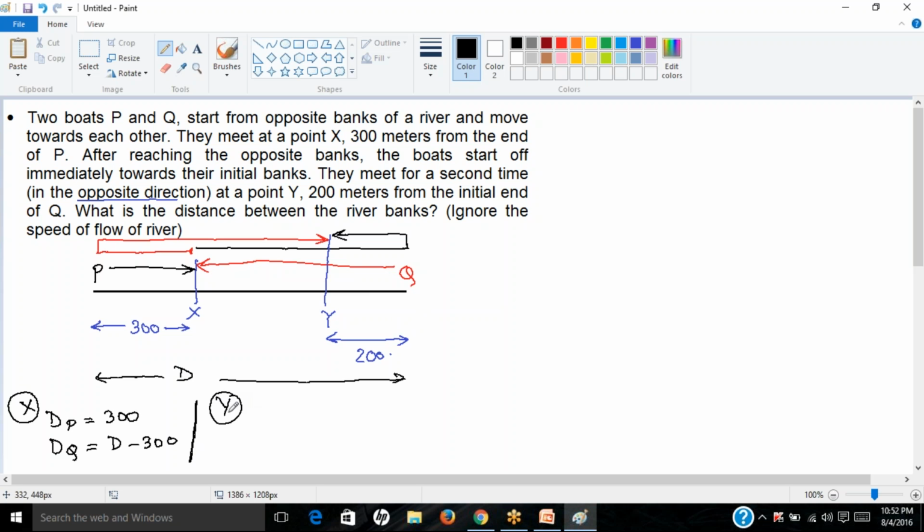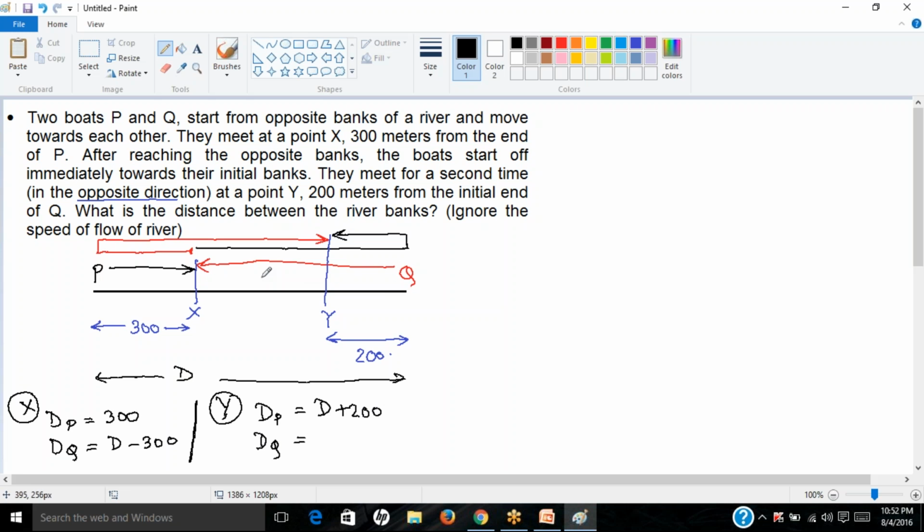For Y, I am now saying, the distance traveled by P is how much? From the beginning only, let's say. P traveled the entire distance PQ and turned back 200. So the distance traveled is d plus 200. What is the distance traveled by Q?